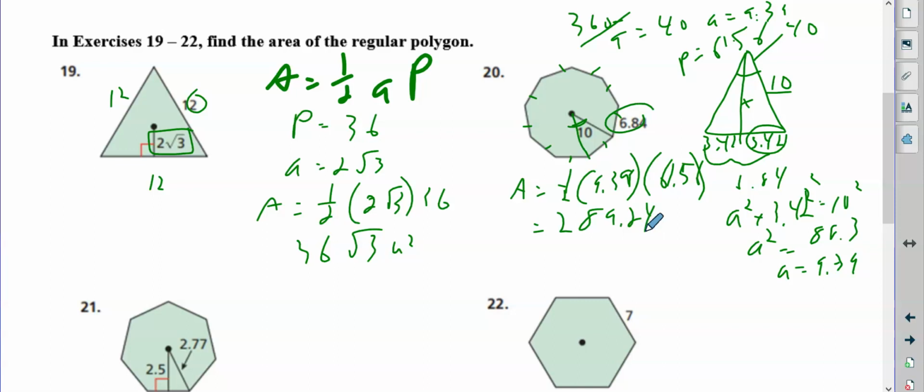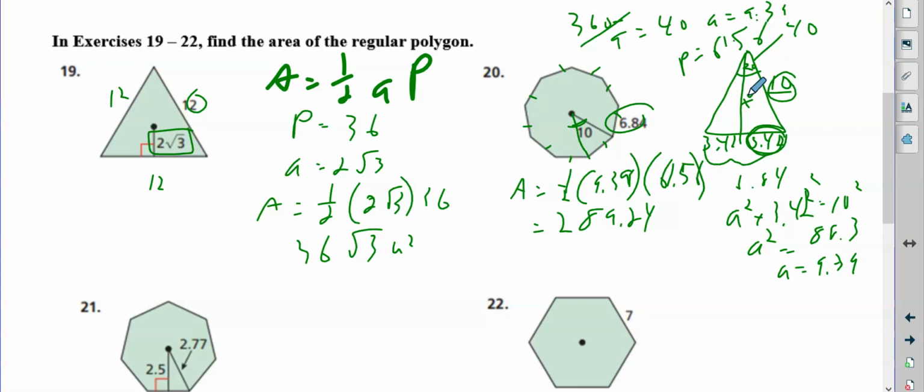Now, there was another way to find the apothem. You could have also used trig. So this angle would have been 20. We had the opposite side, or we had the hypotenuse, and we're trying to find this side. So we could have used trig to solve for the apothem.